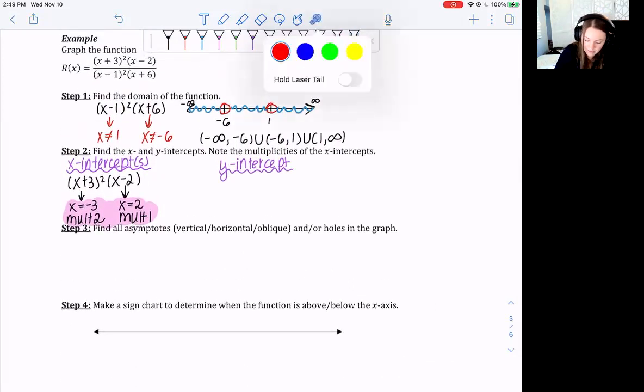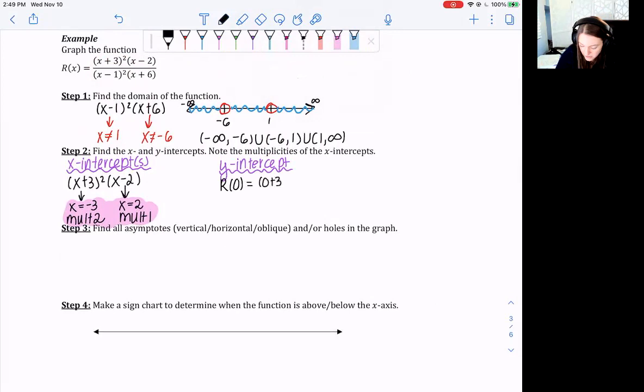For the y-intercept, I'm plugging in 0 to this function up here. So I have r of 0, that's plugging in 0. 0 plus 3 quantity squared times 0 minus 2, all over 0 minus 1 quantity squared times 0 plus 6.